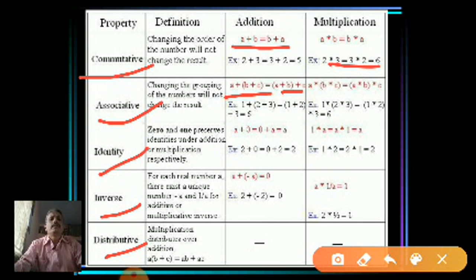Good. Inverse property. Just now we discussed in the previous slide, a plus minus a gives 0. And for multiplication, a into 1 upon a, that means the reciprocal, gives 1. So be careful. In addition, the answer is 0, and in multiplication, the answer is 1. Good.